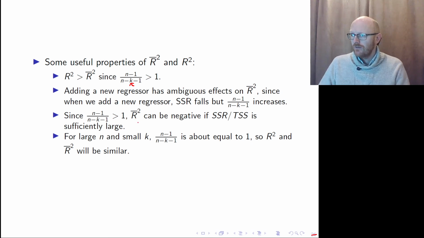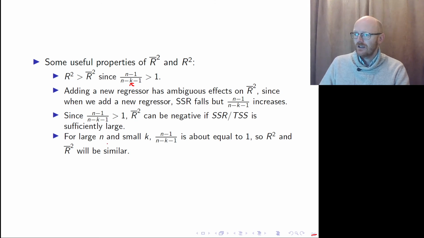Adjusted R squared might in fact be negative if the R squared is too low and you don't have many observations compared to how many x variables you have in your model.